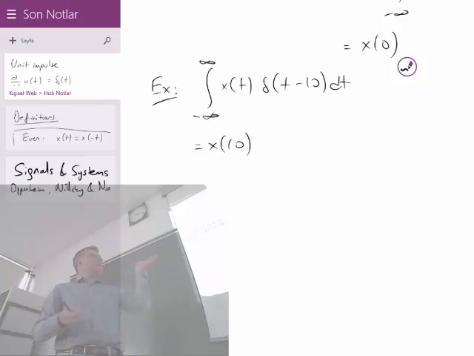x10 is x10 anyway. Why can't you just sample it mathematically by saying this? But after seeing linear and time invariant systems in the further topics, you will see that by transforming the top equation, we will solve a lot of system response problems. How to find the response of a system.